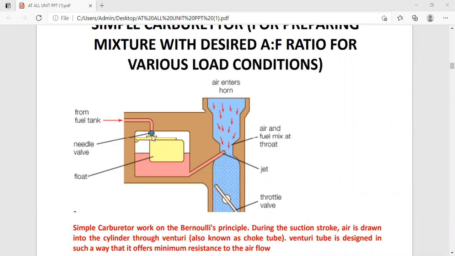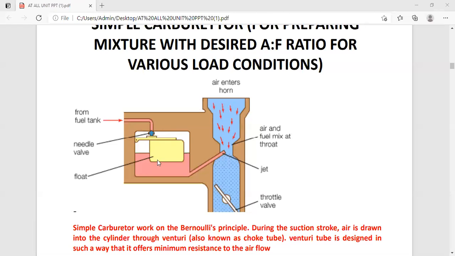Fuel is supplied to the float chamber through the strainer from the fuel tank with the help of the fuel pump. Here, this is the fuel tank, a float and needle system are provided, and a pipe comes from the fuel tank to this float chamber.